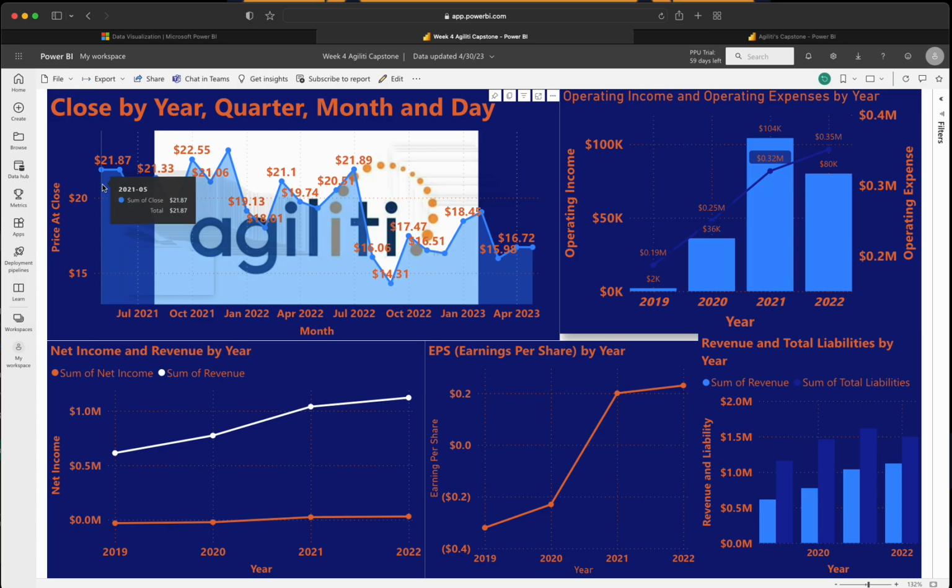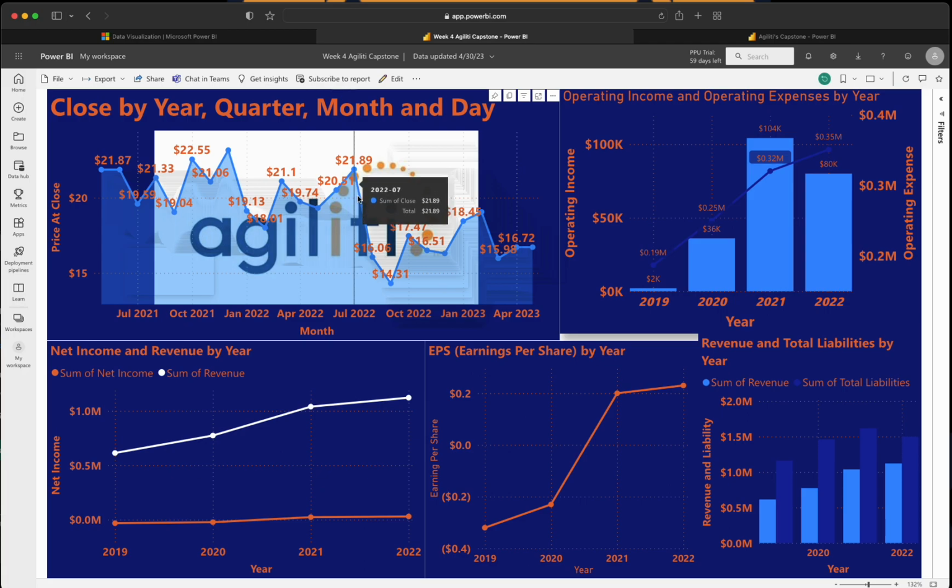The stock prices are bouncing up and down around 20, and then it took a hard turn in October 2022. We bounced down to $14. It never recovered back over 20 since July of 2022. But the lowest here is October 2022.